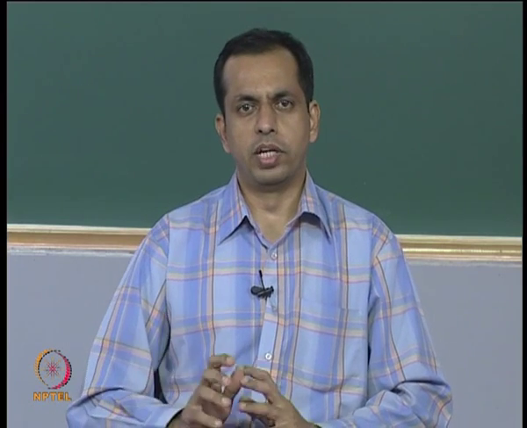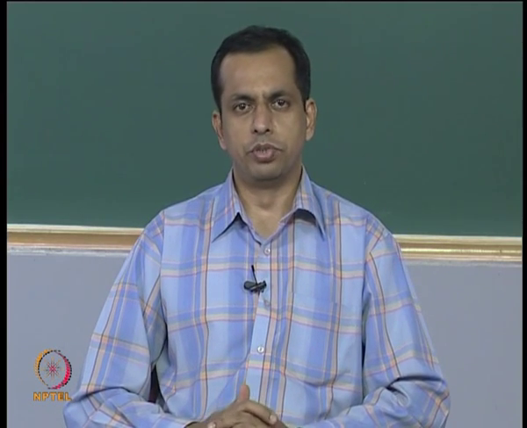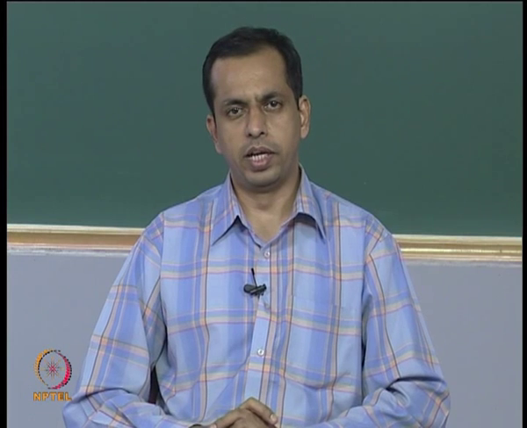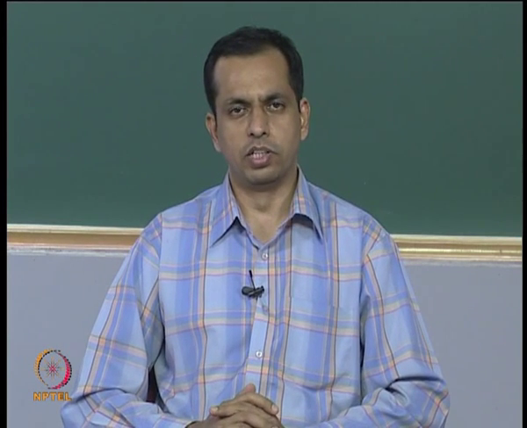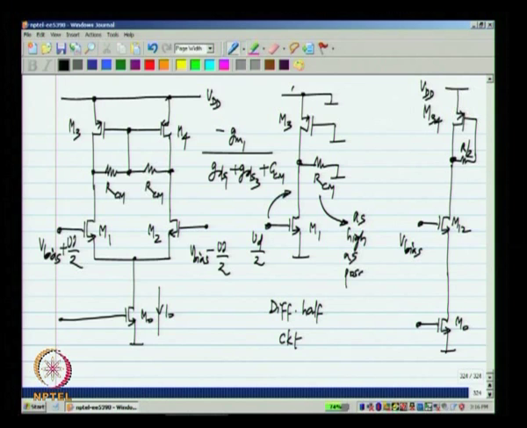Now, this common mode detecting resistor, the resistor RCM used in the common mode detector ends up reducing the gain. So, you have to use as high a value as possible. Okay. You have to make this as high as possible.